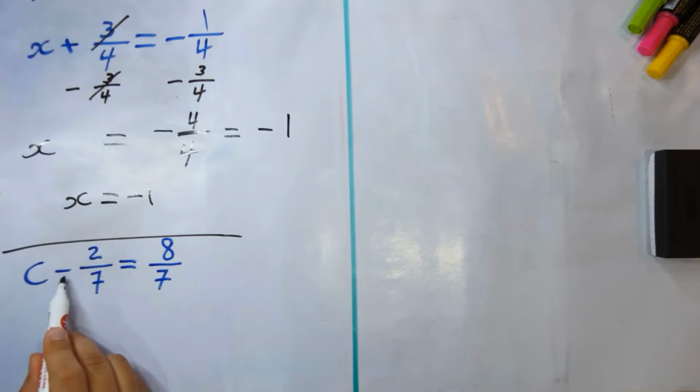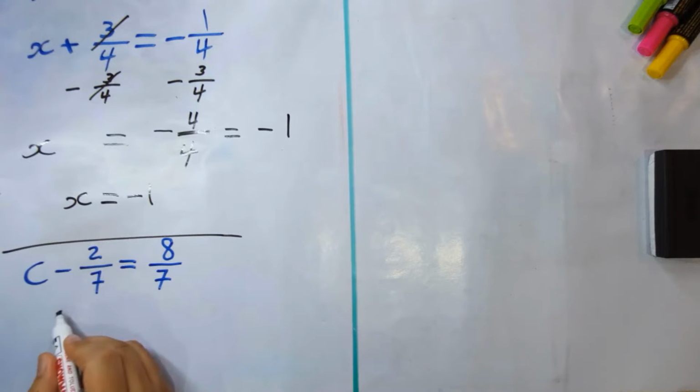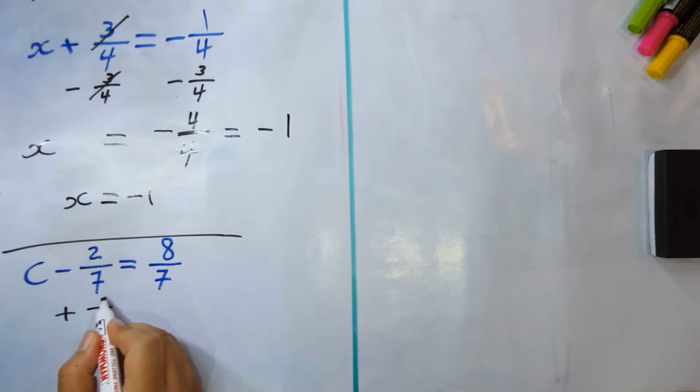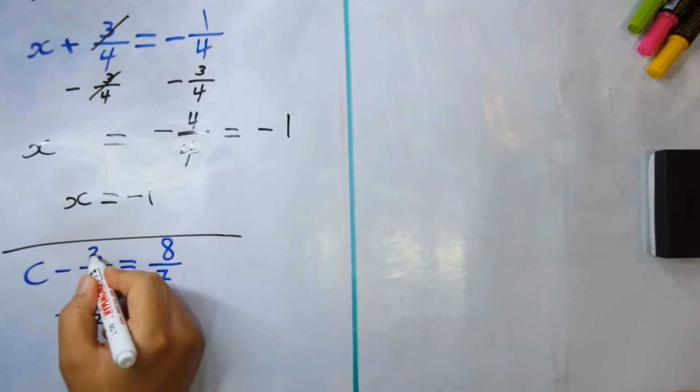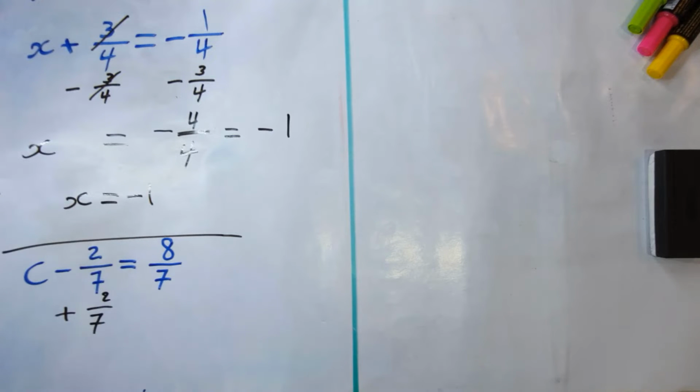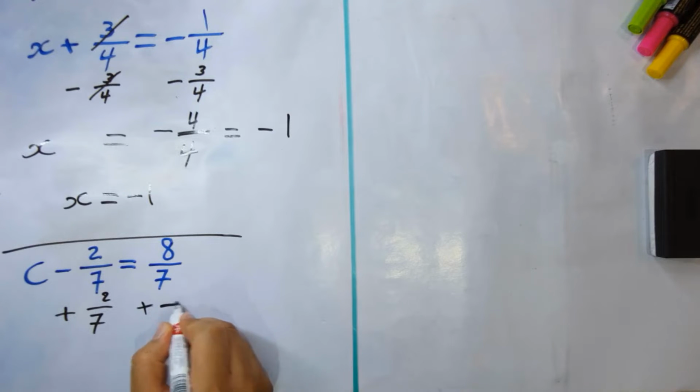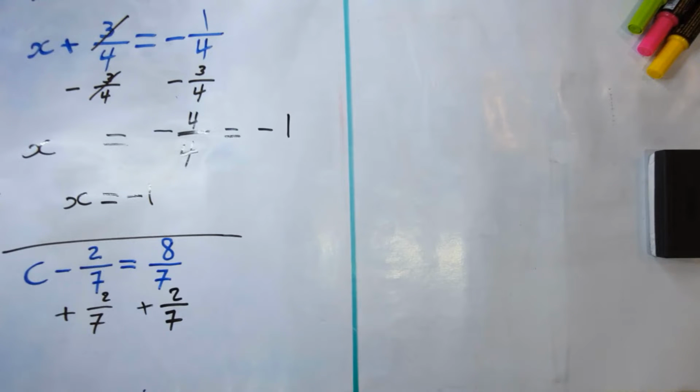Then you should remove minus 2 over 7. To remove minus, we do the opposite, which is plus, the same number, to make this 0. If you do anything on the left side, you should do the same thing on the right side. Then you plus the same number, 2 over 7.